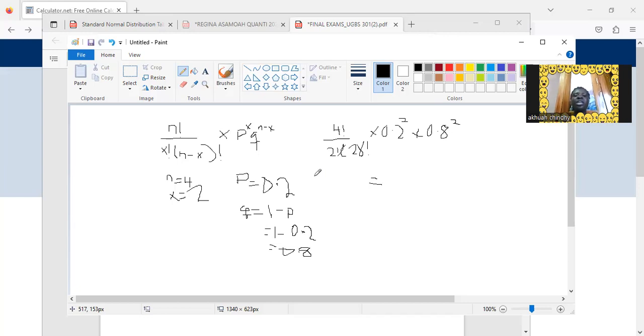Because if you just take the probability in the question but you don't read what the question is demanding, then you might get the answer wrong. So you have to know the probability they are asking for in relation to the x. Is it defective or non-defective? If it is defective, then in the question it is 0.2. If it is non-defective, then it is 1 minus 0.2, which would be 0.8.